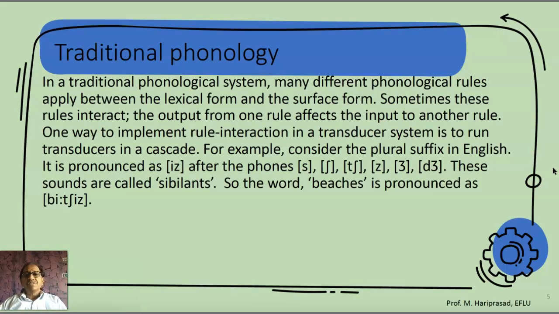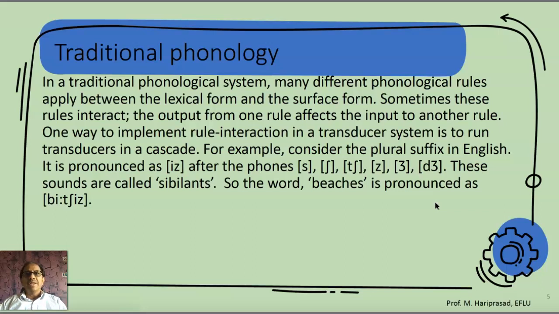In traditional phonology, many phonological rules apply between the lexical form and the surface form, as in two-level morphology. Sometimes these rules interact with one another: one rule feeds into another rule, or one rule blocks the other.